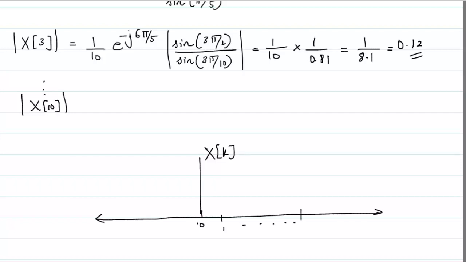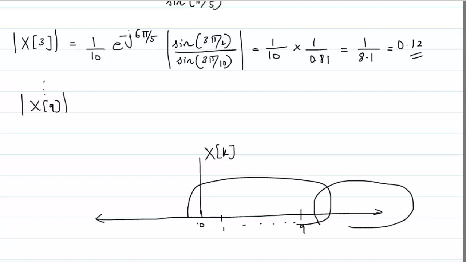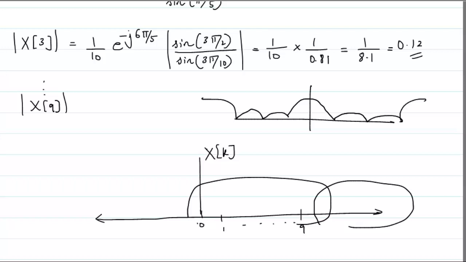So this is not up to 10, sorry, you have to find it up to 9, and whatever values you have got, you will have to repeat them for 10 onwards. Okay, so you do that and see how the graph looks. Basically the graph will have a sinc kind of appearance, like a sampled sinc, and then the repetition. Okay, so you try to plot and see how it will look.